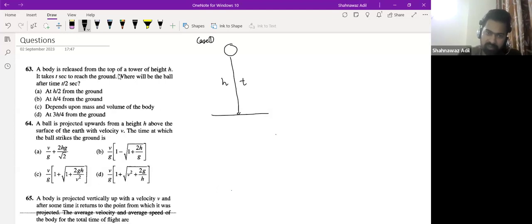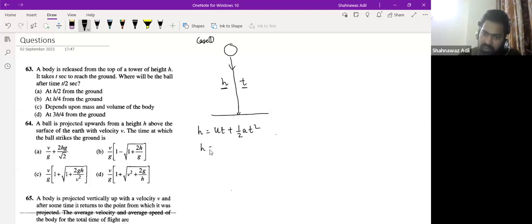A body is released from the top of the tower of height h. It takes t seconds to reach the ground. So let's find the relation between h and t. We know that h is ut plus half at square, and this is dropping down, so all these things are positive.